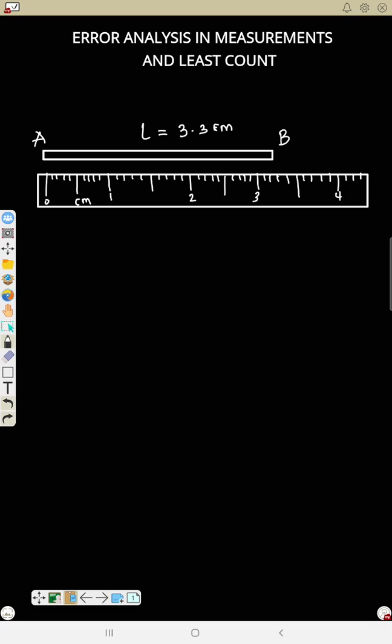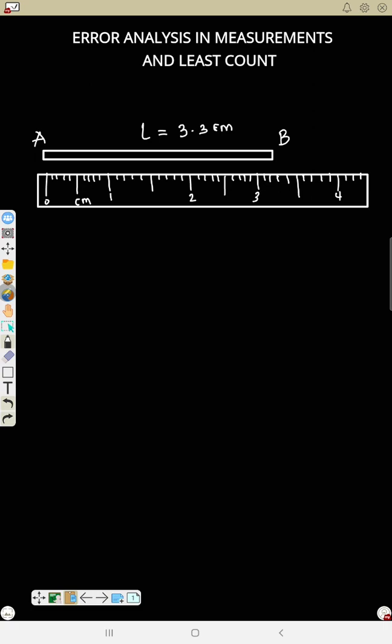So the least count of this scale is 0.1 centimeter, because this scale can measure accurately up to 0.1 centimeter. The maximum uncertainty or maximum possible error in this kind of ruler can be 0.1 centimeter.